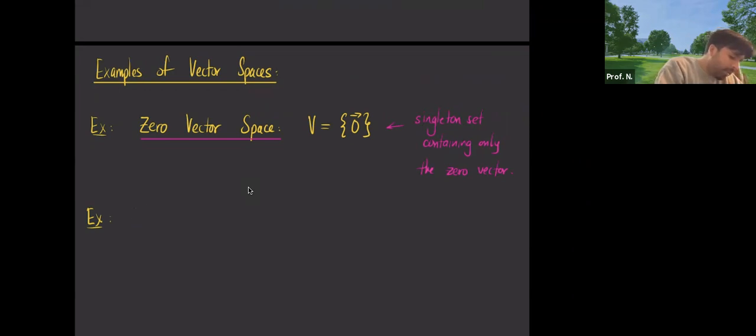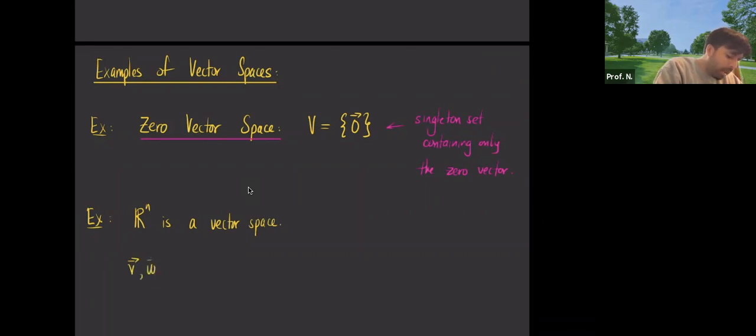Rn is a vector space. You can take any vector in Rn and take other vectors.